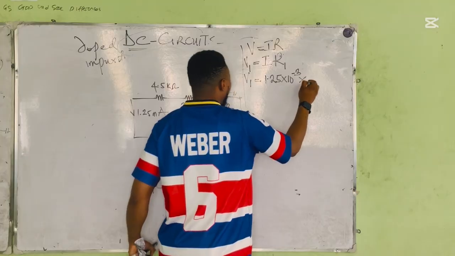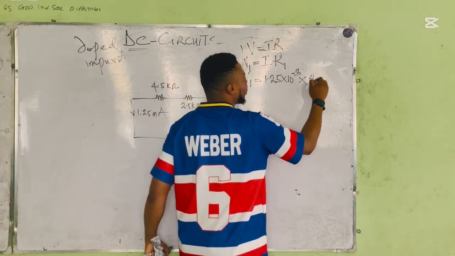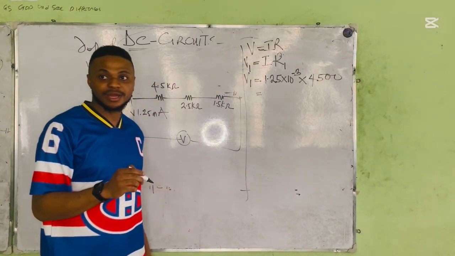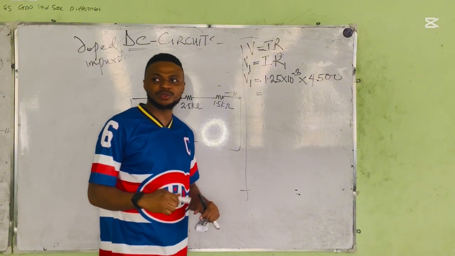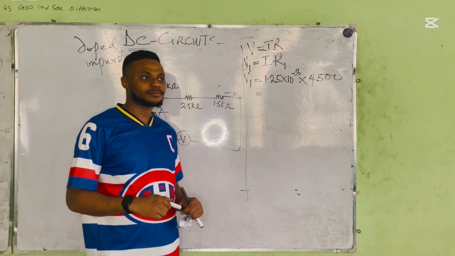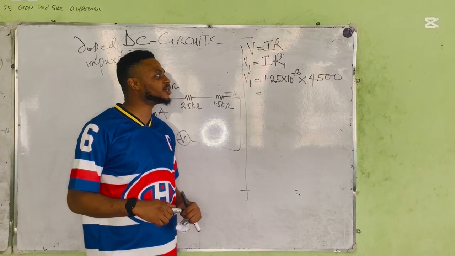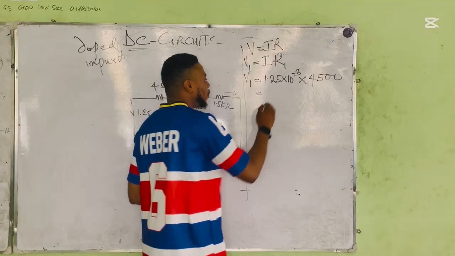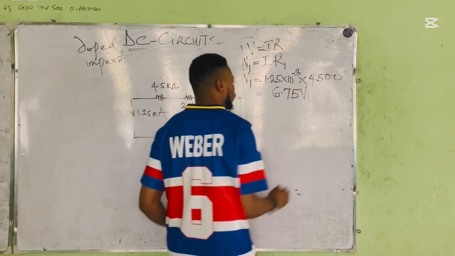Then times your R1, 4.5 kilo, which is 4,500. So when we multiply this, what will we get? 1.25 times 10 raised to power minus 3 times 4,500. What do we have? 6.75. Any exponent? No, 6.75 volts.